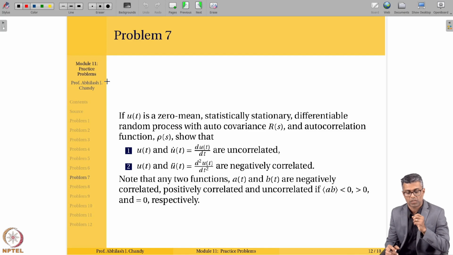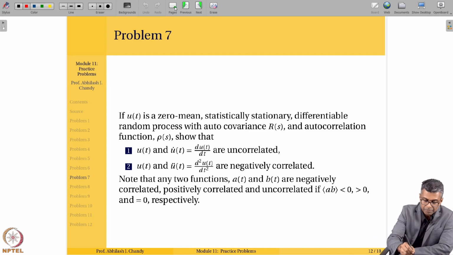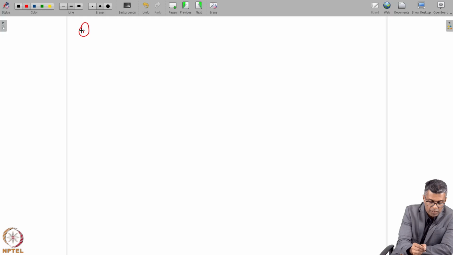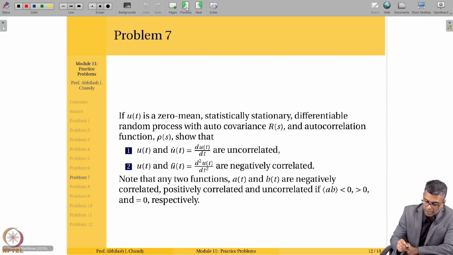So let's see how to work this out. Let's look at part 1. This is the first part. Now we need to find out the covariance of u(t) and u dot of t.